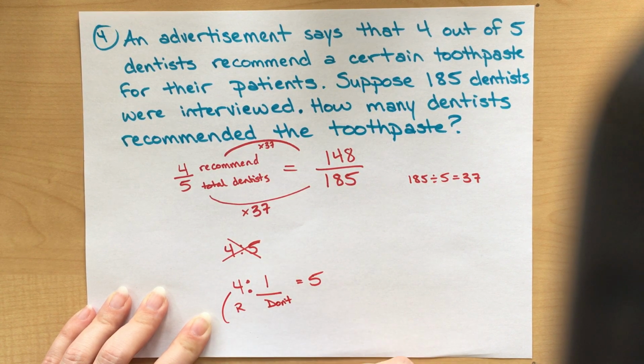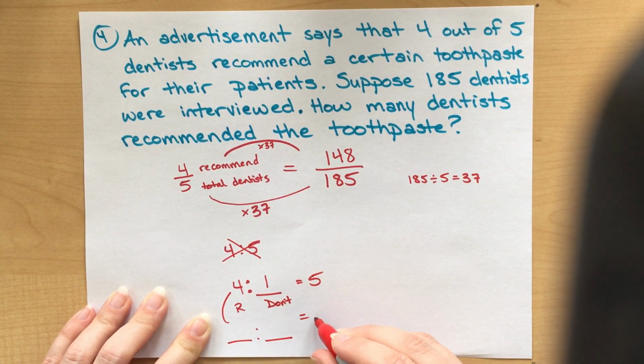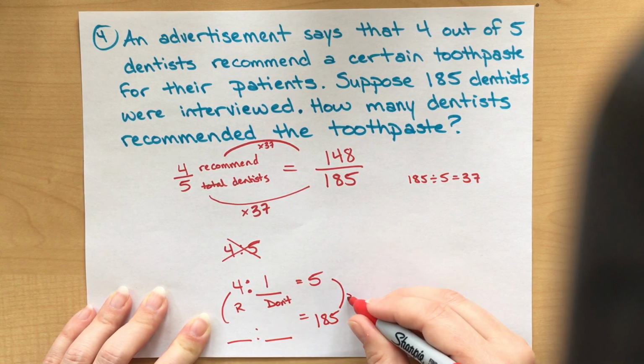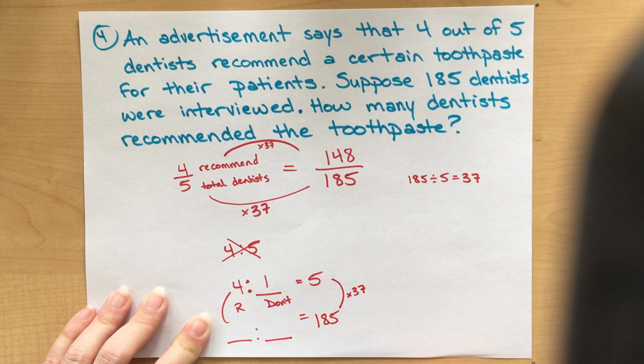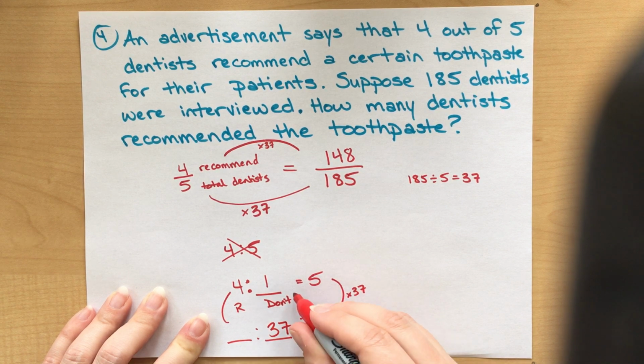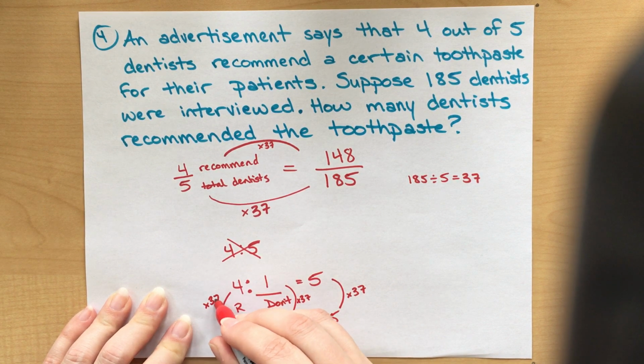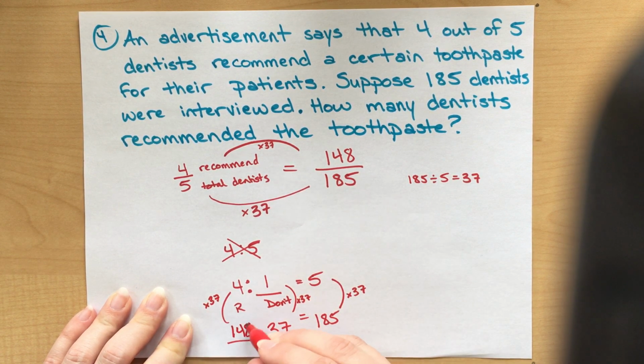And then if we were to look at having a total of 185, how did I get from that 5 to the 185? And that's where that's at, times 37. So in the case of 185 dentists who were surveyed, 1 times 37, we're using the same scale factor, right, times 37, would say don't do it, and then 4 times 37 would give us back to that 148.